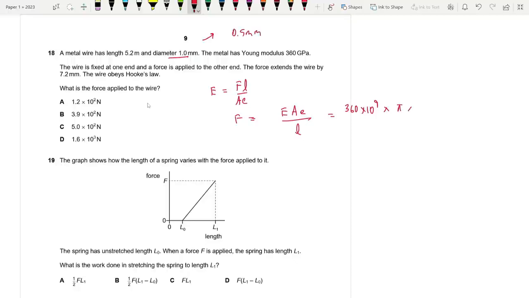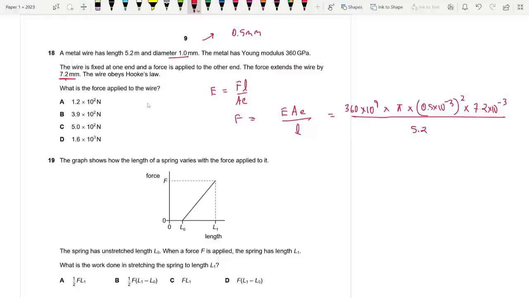So it's pi r squared, pi times (0.5 times 10 to the power minus 3) squared, pi r squared, times the extension. The force extends the wire by 7.2 millimeters, so this is the extension, 7.2 times 10 to the power minus 3, divided by the original length, which is 5.2 meters.